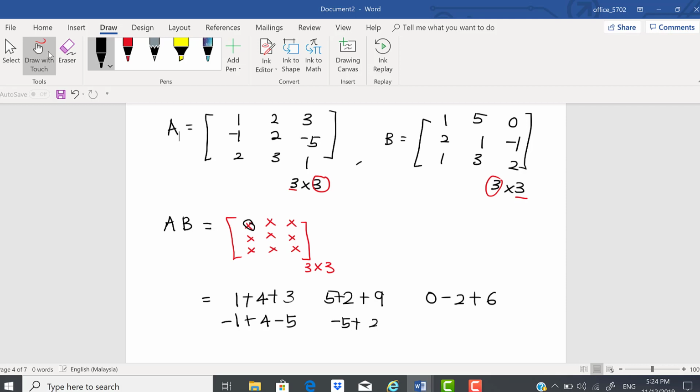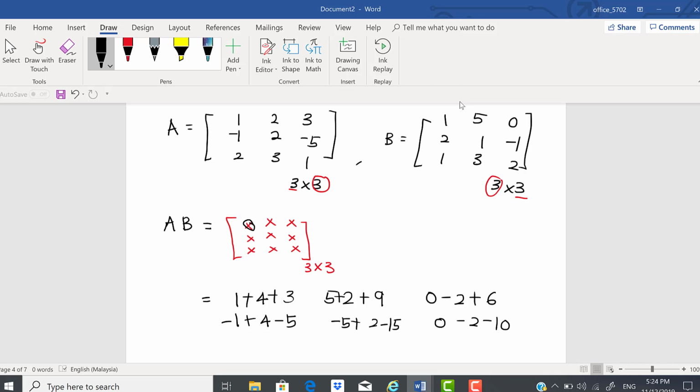Negative 5 times 3, you get negative 15. For this element, again, this row times this column. So negative 1 times 0, get 0. 2 times negative 1, we get negative 2. Negative 5 times 2, we get negative 10.